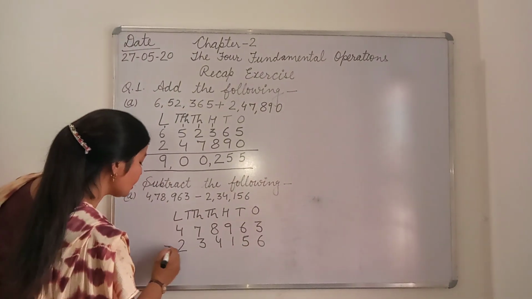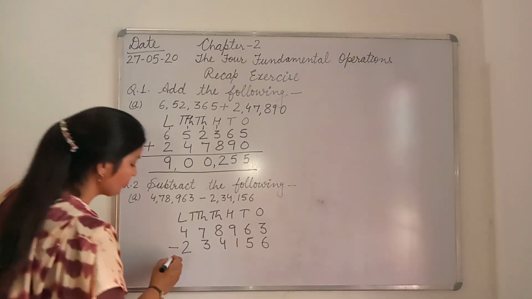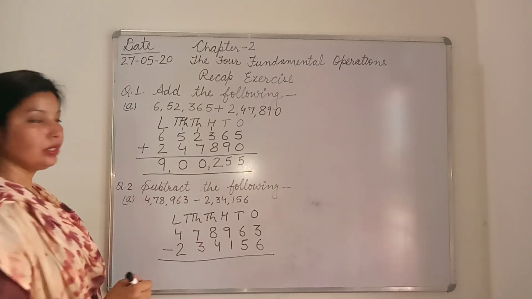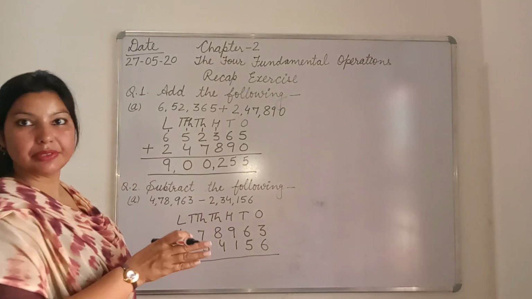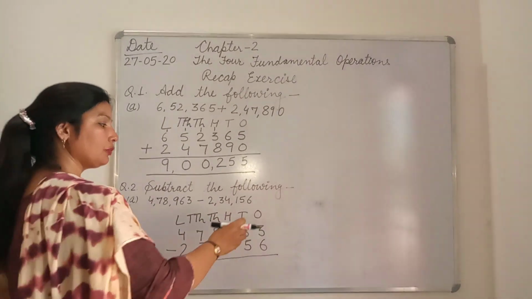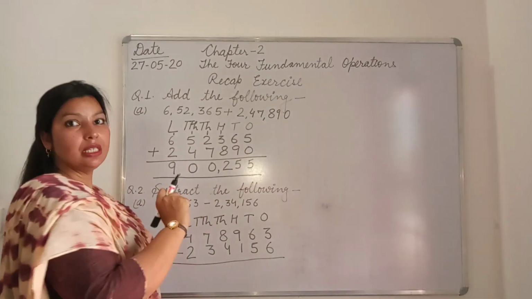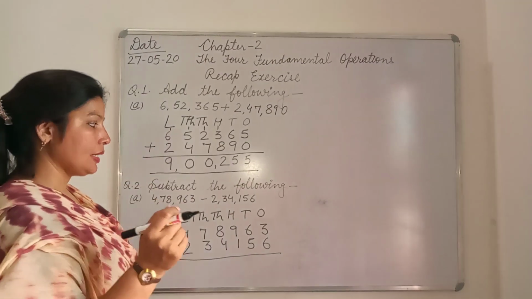Now we should do minus, so we use the subtraction symbol. Now we will do the subtraction. Whether plus or minus, whatever we are doing, we should always start from one side. In addition we start from the ones side, and in subtraction also we start from the ones side.